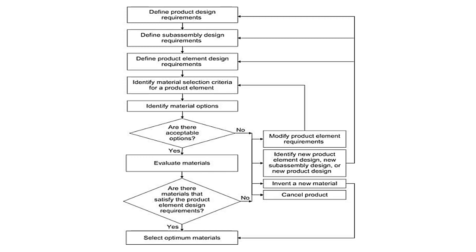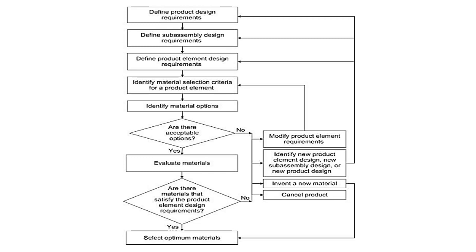Finally, the failure analysis. The selection of material is finalized with the help of this chart. Define product design, the assembly of design requirements, define product element design requirements, identify the material for the product element, identify the material options. Is this acceptable?